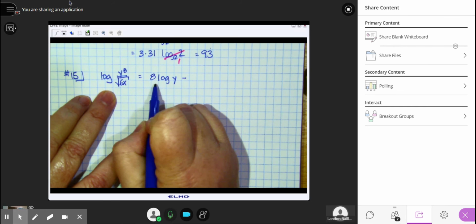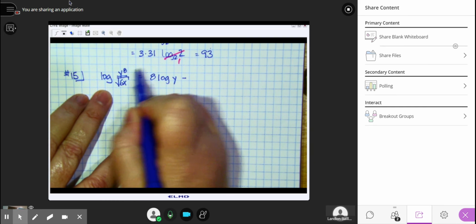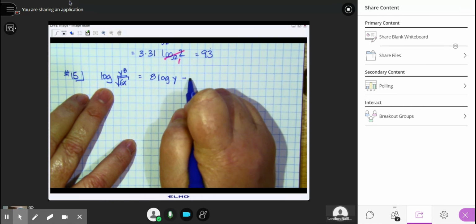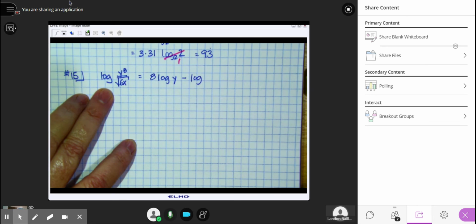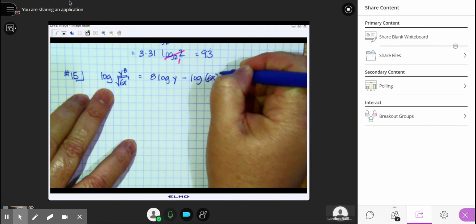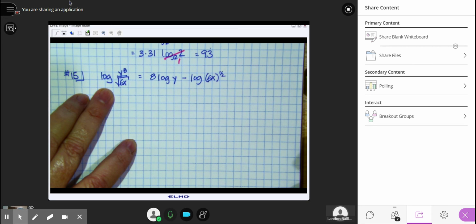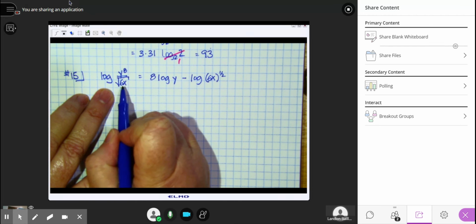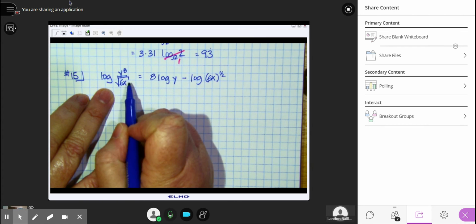Okay, so you're going to have 8 log y, that's your top one, right? Minus, and I'm going to write out all the steps so that we can see it. It's going to be log of 6x to the 1/2 power. I'm assuming, again, both the 6 and the x were underneath the square root.